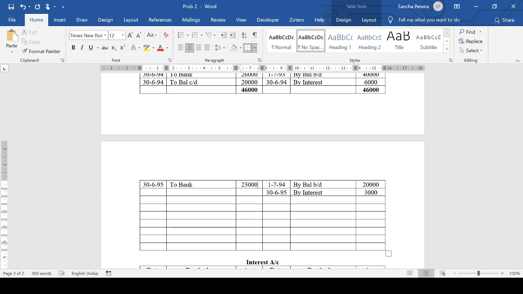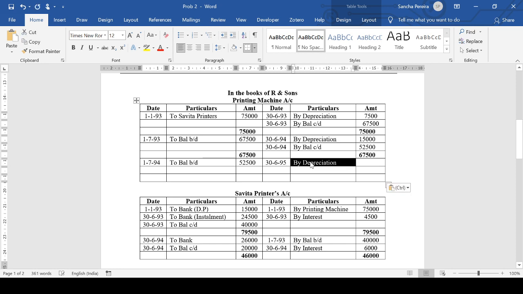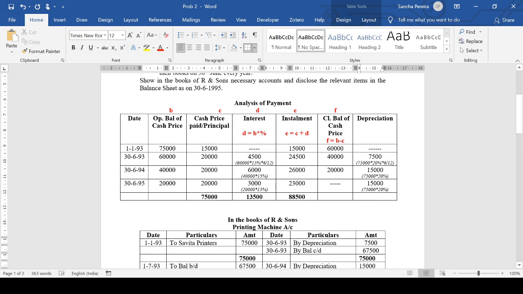Then we show the depreciation. So we come here, depreciation account debit to printing machine account. In the printing machine account it will be by depreciation. 30th June 95, by depreciation. How much is the depreciation? 15,000.